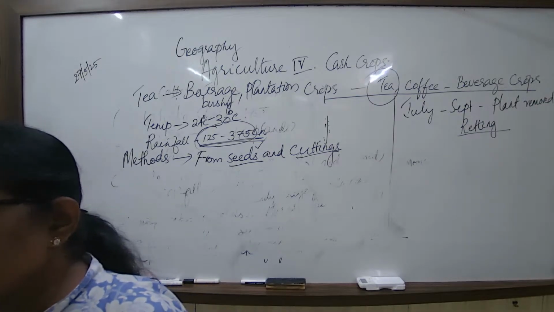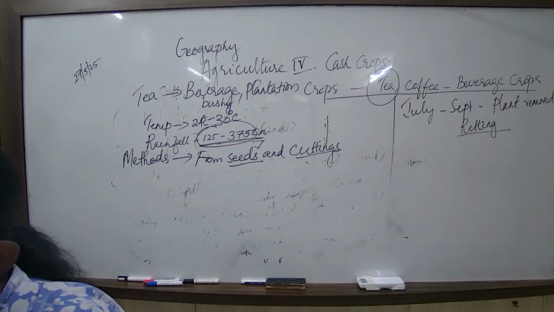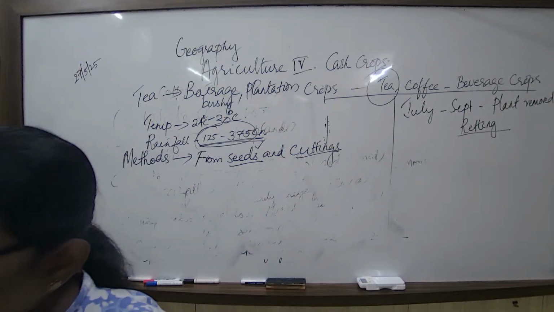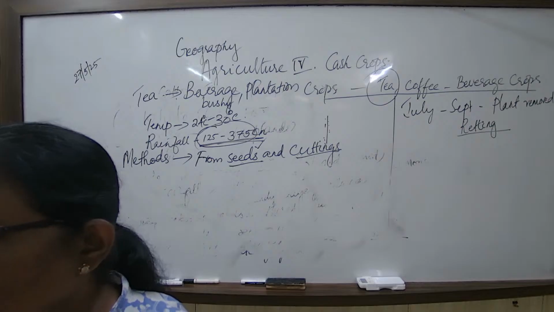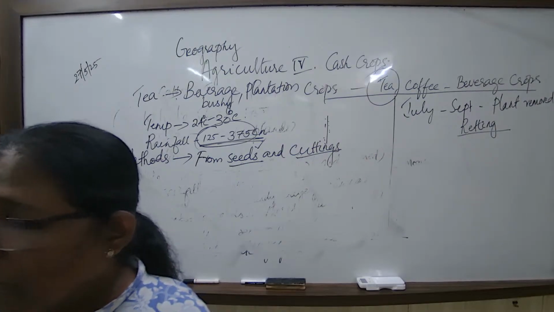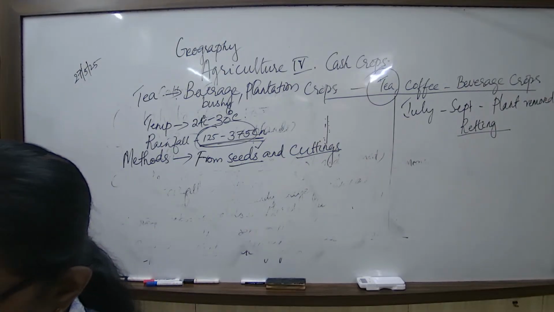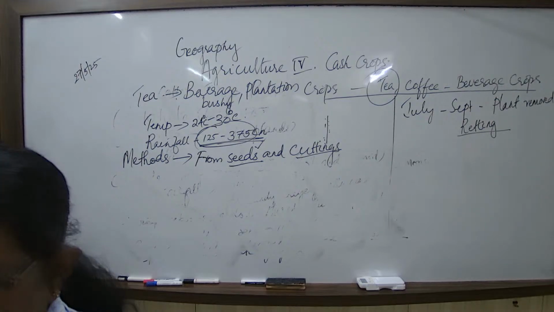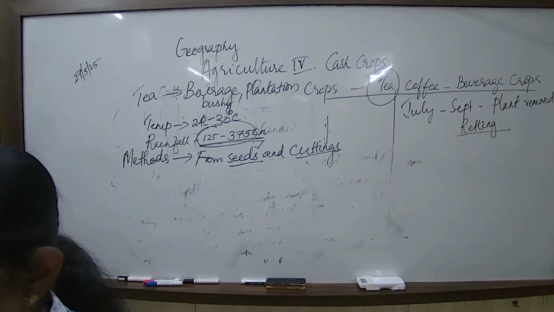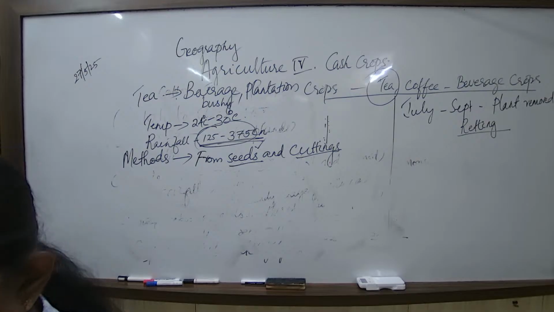One of the major producers of coffee. See that the coffee beans, not exactly called beans, are roasted, ground, and then powdered. And in South Indian conditions, they drink it without milk, that black coffee they used to drink.